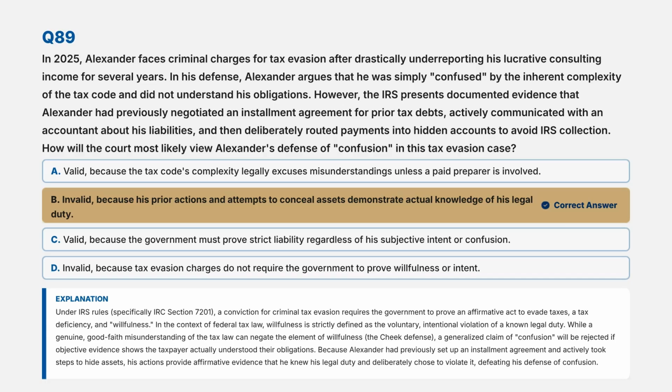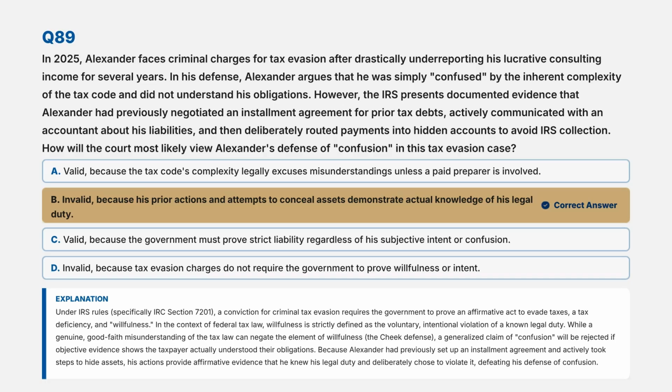In the context of federal tax law, willfulness is strictly defined as the voluntary intentional violation of a known legal duty, while a genuine good faith misunderstanding of the tax law can negate the element of willfulness. The cheek defense, a generalized claim of confusion, will be rejected if objective evidence shows the taxpayer actually understood their obligations.